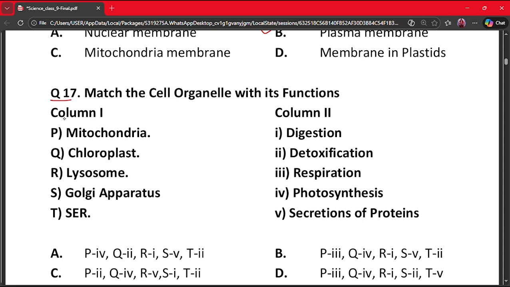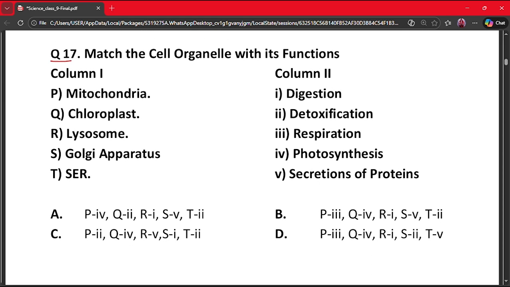Question number 17. Match the cell organelle with its functions. Column 1 is mitochondria, chloroplast, lysosomes, Golgi apparatus and SER. Column 2 is digestion, detoxification, respiration, photosynthesis and secretion of proteins.